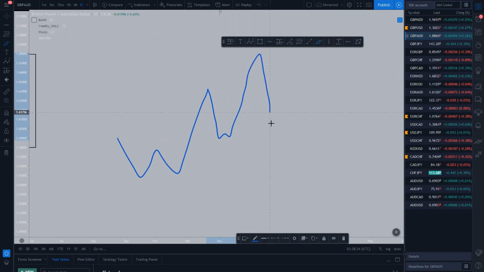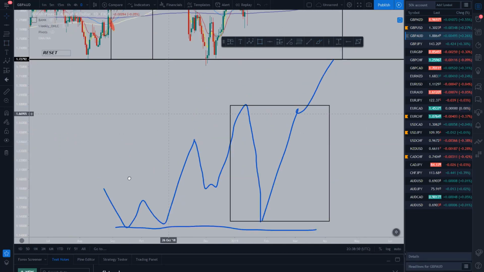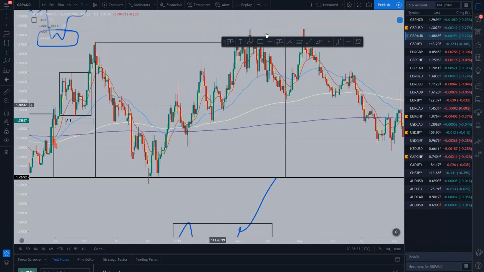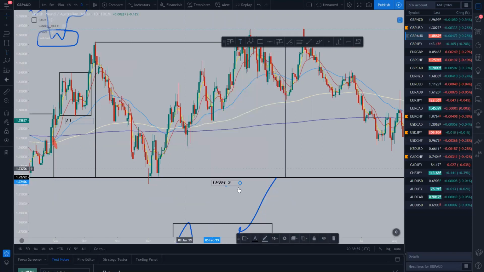They bring price all the way back down to retest, but they never break the lowest point set by the anchor and they take it away. Guess what? This is still a valid level two.